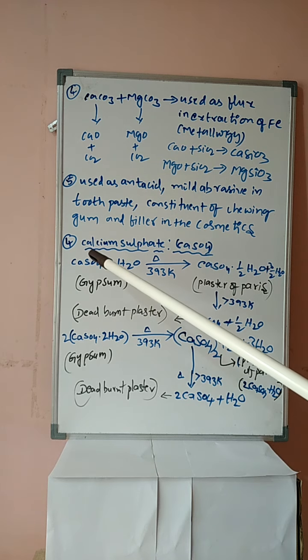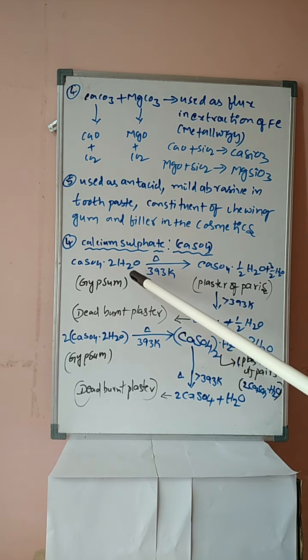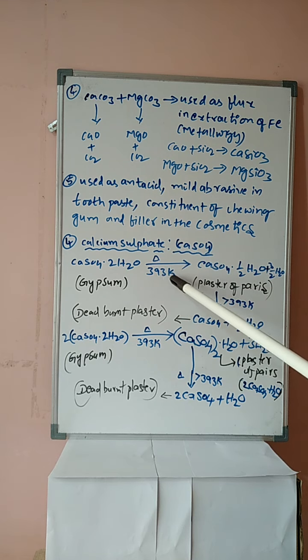First one, when gypsum, that is calcium sulfate dihydrate, is heated at a temperature of 393 Kelvin, it forms calcium sulfate hemihydrate and 3/2 water molecules. The calcium sulfate hemihydrate is known as plaster of Paris, which is heated further above 393 Kelvin to form anhydrous calcium sulfate plus half water molecule.